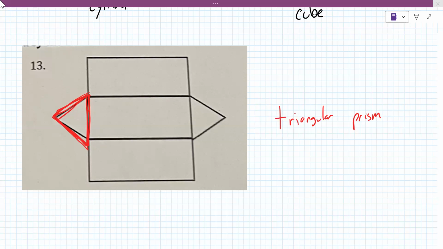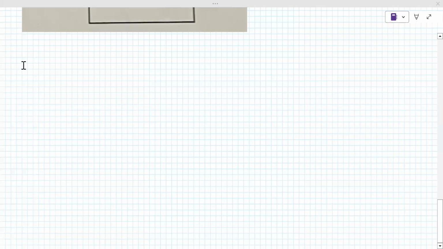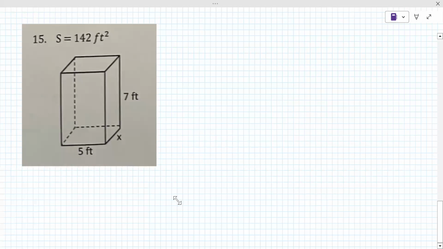All right, so we're up to number 15 now. Do you have anything else you want us to work on? Because we're probably gonna be able to get through both of these before the end of the lesson.